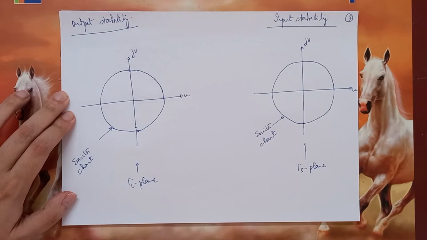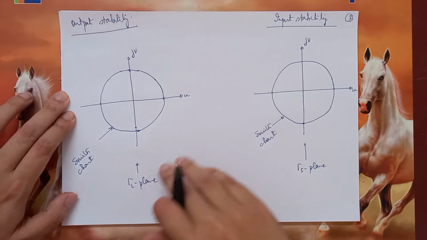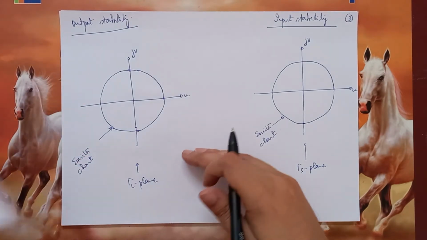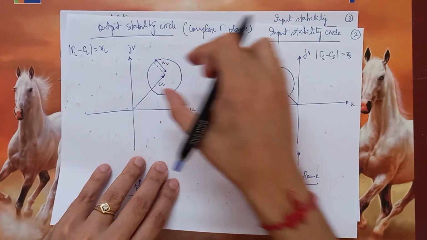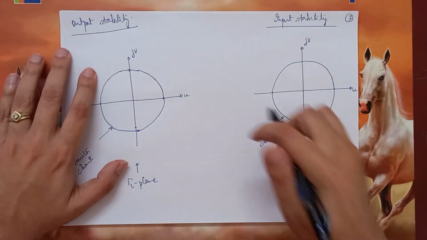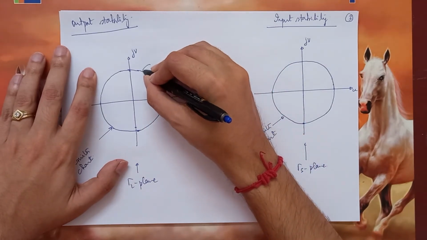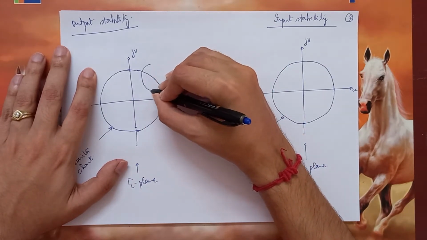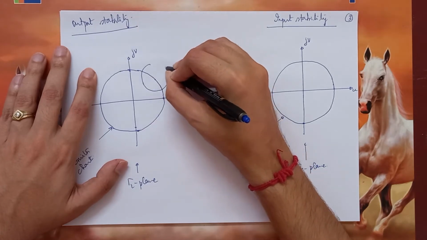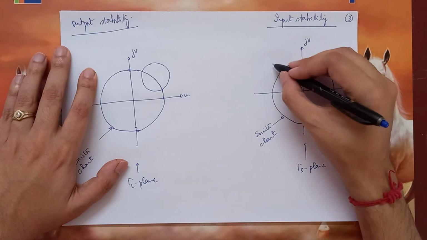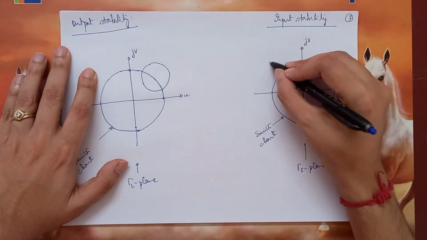Now suppose we draw the stability circles which we had drawn in the previous page, the output stability circle and the input stability circle. Let's draw that. So this one would look something like this. And the input stability circle might look something like this.